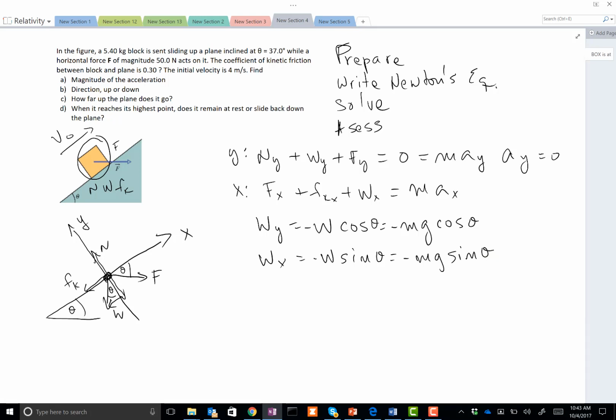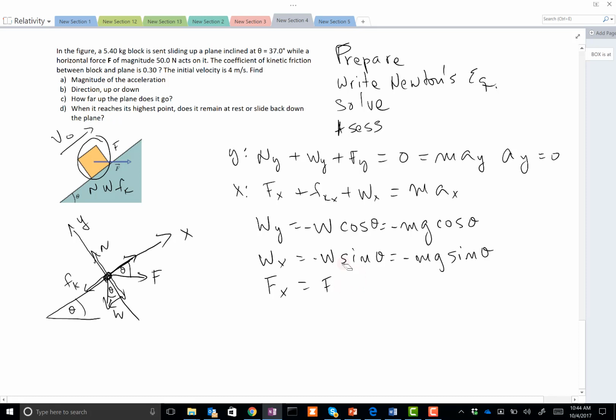So let's find the components of the force. The force has two components. The x component is a positive force, and it is F cosine theta.